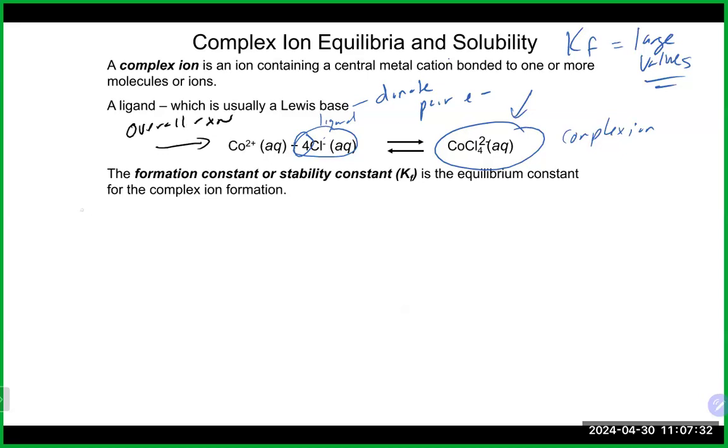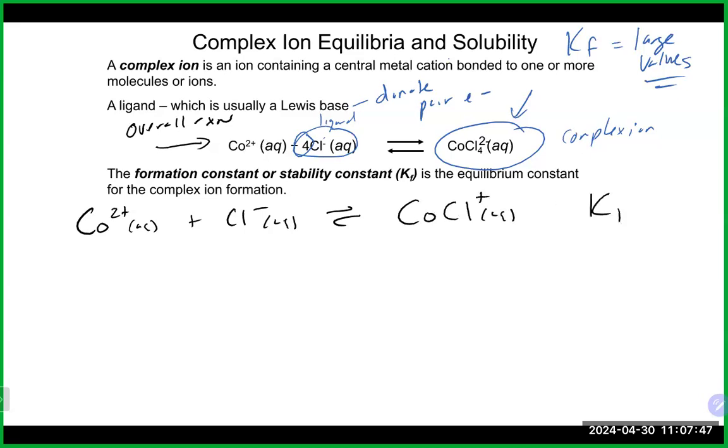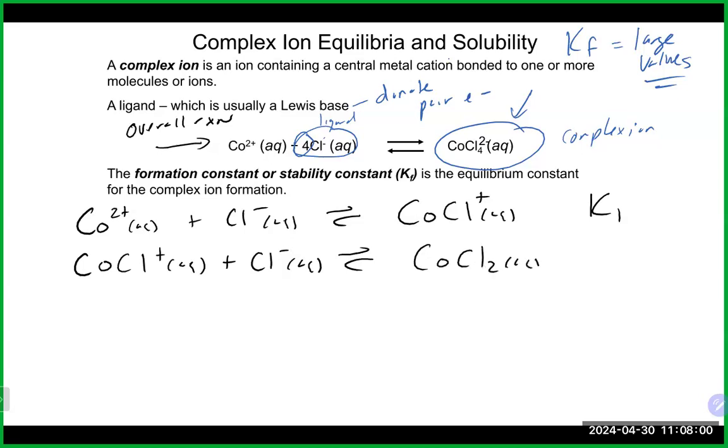And the first thing that would happen is our cobalt will actually just add one chloride, and you would get something like CoCl+. And there could be a K value for that expression. The next thing that would happen is that CoCl+ will pick up the next chloride, and we'll get CoCl2. And we also could have a K for that.